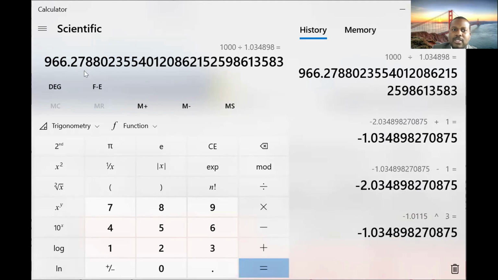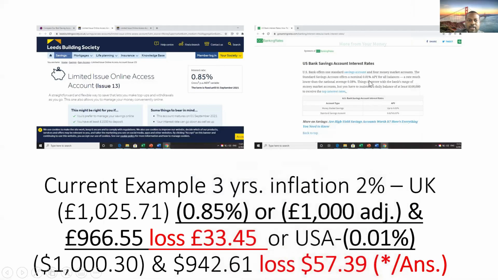Okay. So 966.27 or 28. Let's do a new share screen. We're going to have a slightly different figure here.